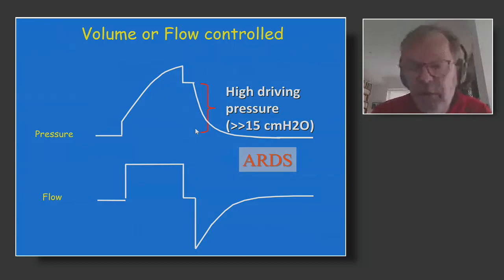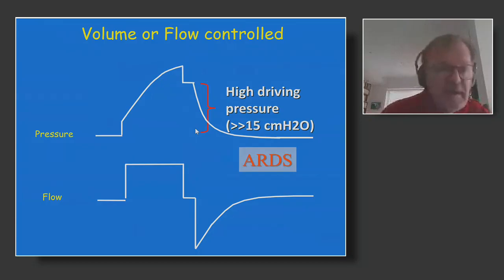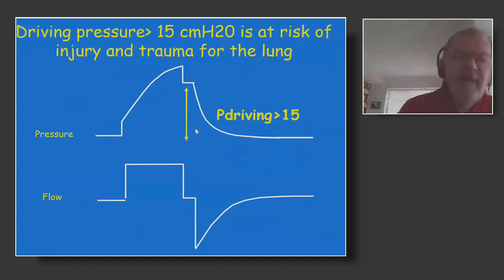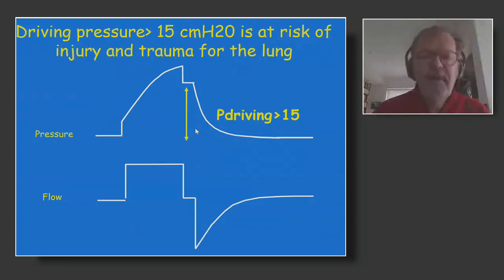We know it's not always possible, but when it's higher, the patient is at risk. And of course, this pressure can be high because you set a volume which is excessive, or because the lung is very stiff or has very low compliance. So a driving pressure above 15, which is only the elastic pressure, is at risk of lung injury and barotrauma for the lung, if you wish.